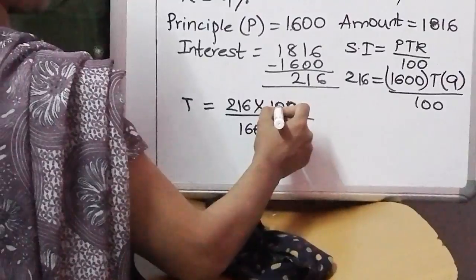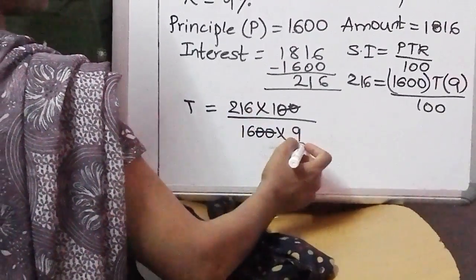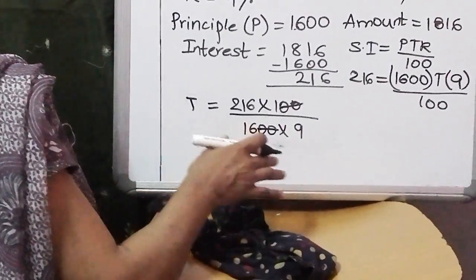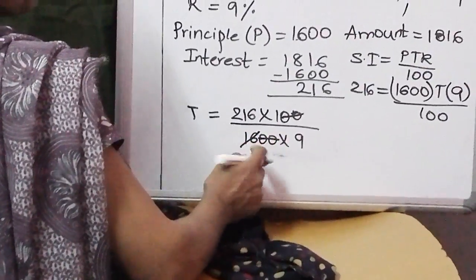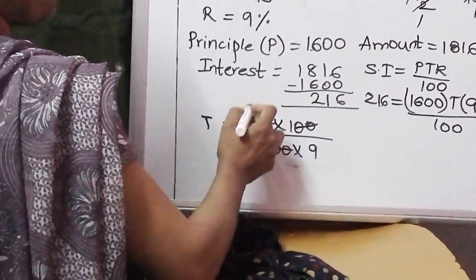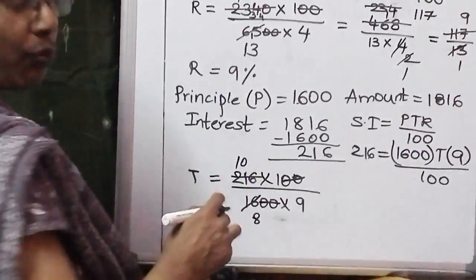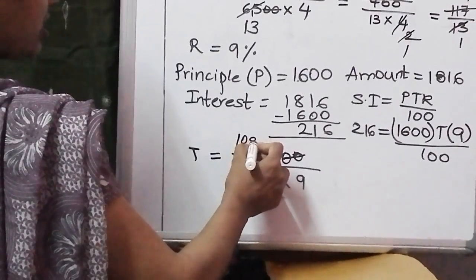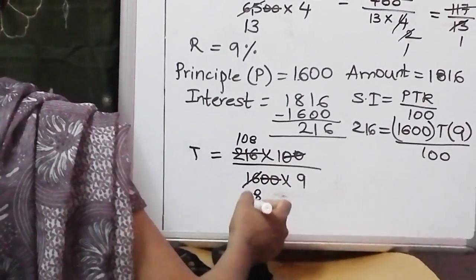So 2 zeros and 2 zeros get cancelled. Now 216 and 16 and 9 are left. Let us cancel this. 2 8s are 16, 2 1s are 2, 108 by 8 into 9 you got.